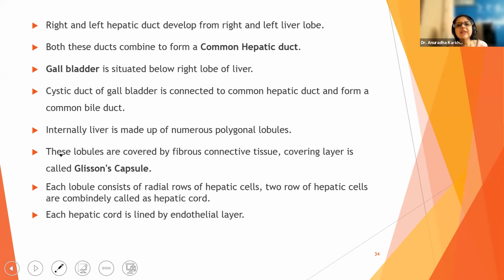Now the cystic duct will also merge with the common hepatic duct. And that extension will be called the common bile duct. So the bile duct will have secretions of whom? Right liver lobe, left liver lobe, and gallbladder also. Is it okay? Any confusion?